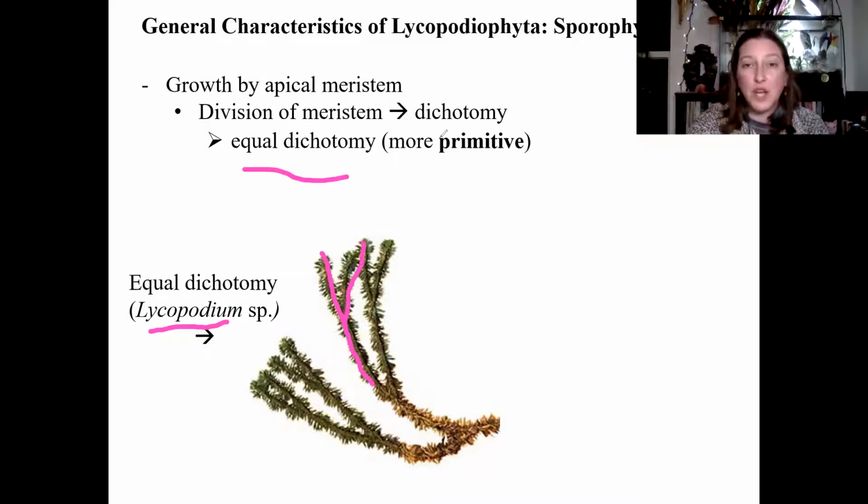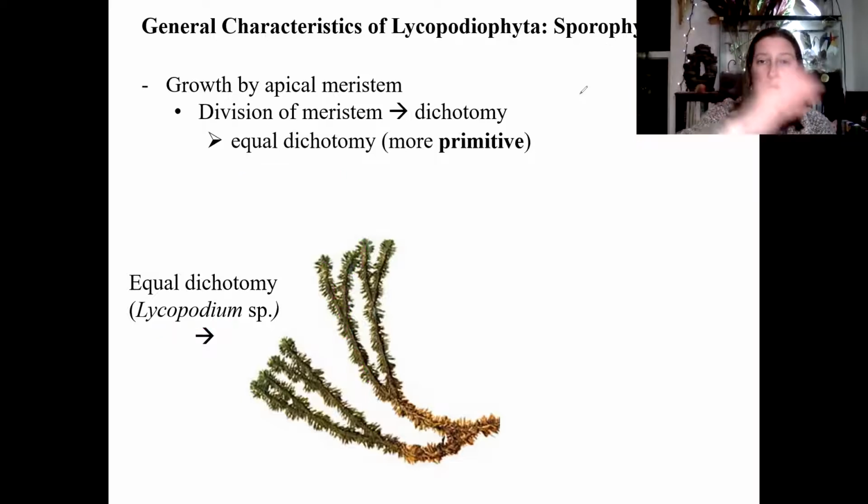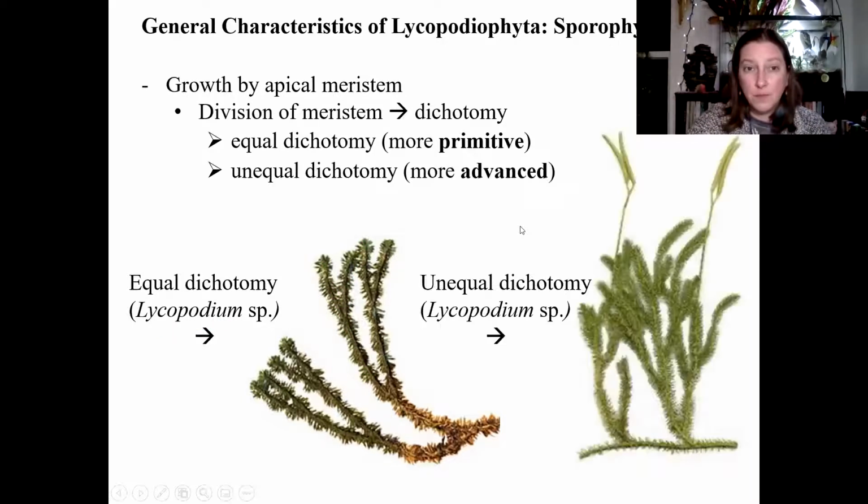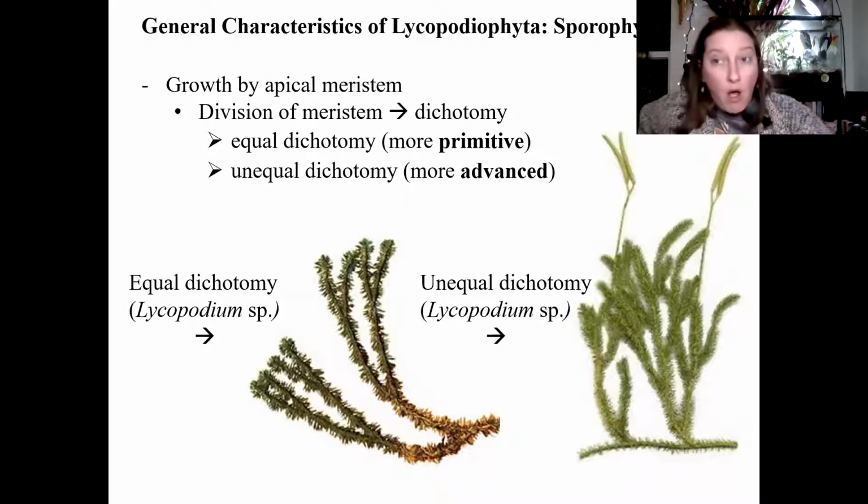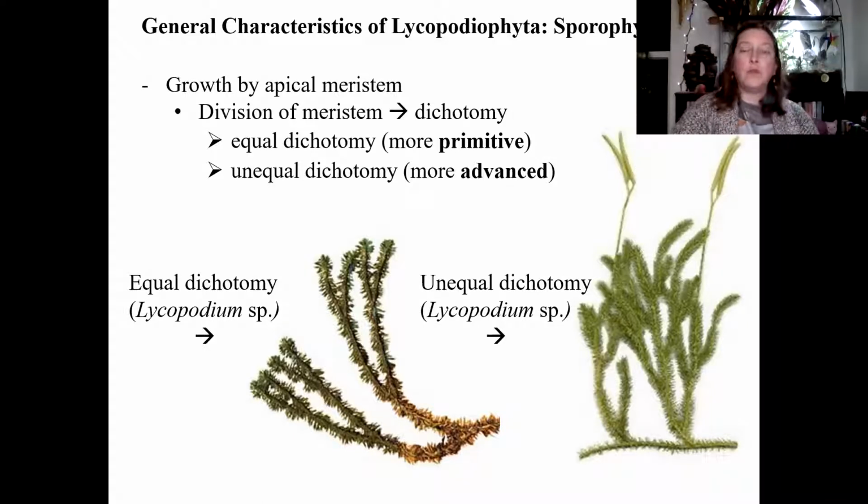So if something just has grow split, it's older in terms of evolutionary time. However, later on, as the Lycopodiophyta, the lycopods, adapted and evolved, you'll get some members having unequal dichotomy, which is more advanced.